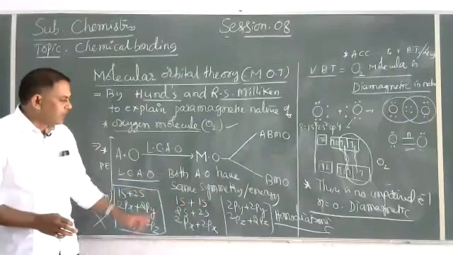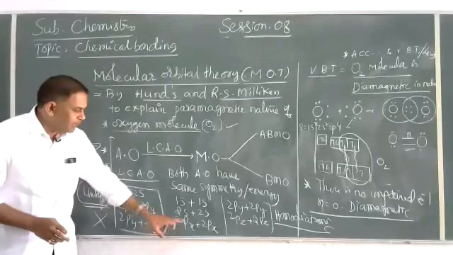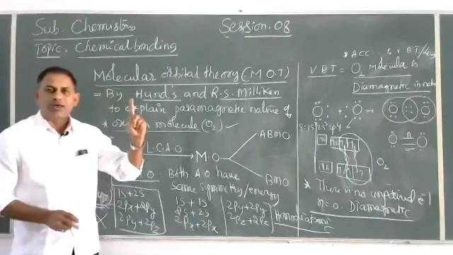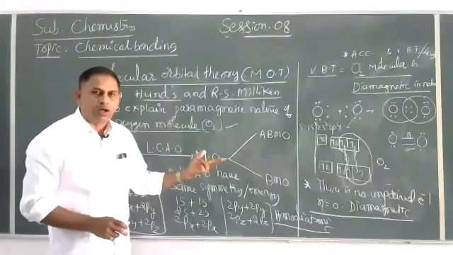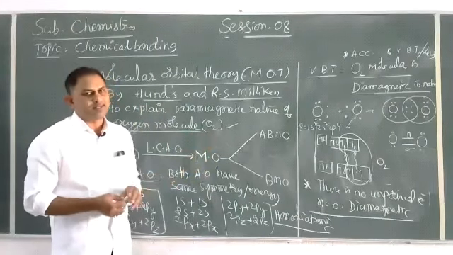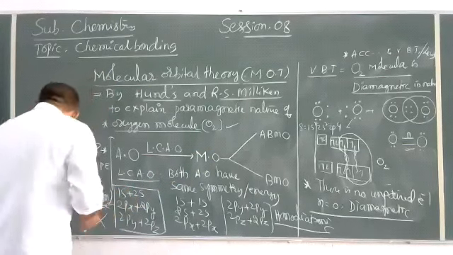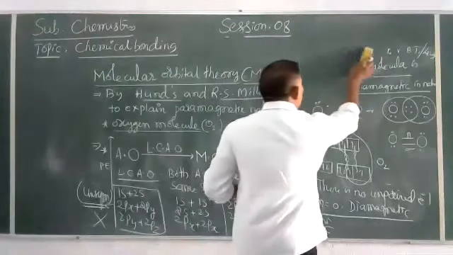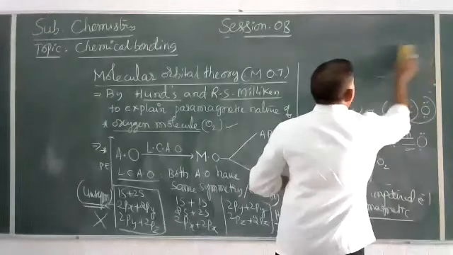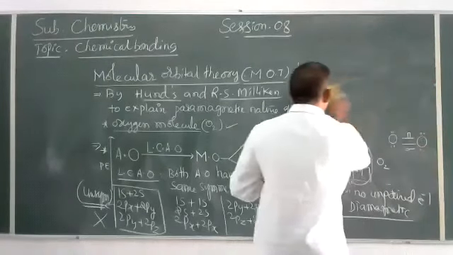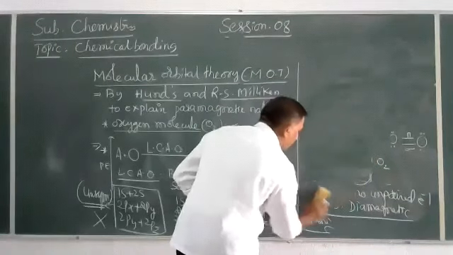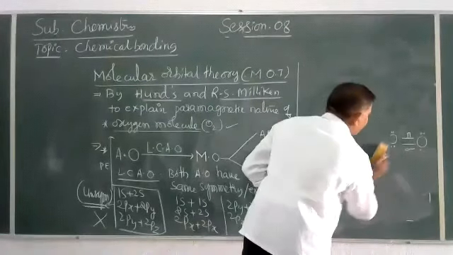In the p orbitals, px, py, pz, any one is considered the internuclear axis and the remaining two are the other axes. The internuclear axis first forms a sigma covalent bond, and the remaining two form pi covalent bonds.